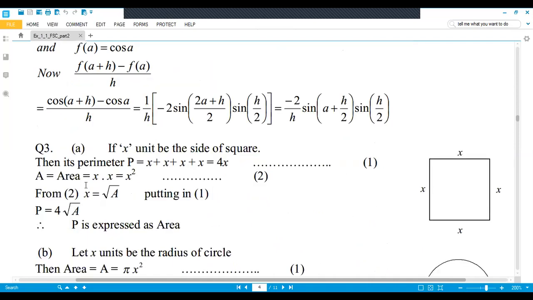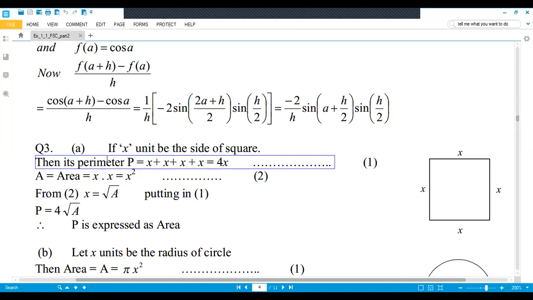Now come to the next question, question number 3. Question number 3 is express the following. What we are going to express? The first one, A part, the perimeter P of a square is a function of its area. What we are going to prove?